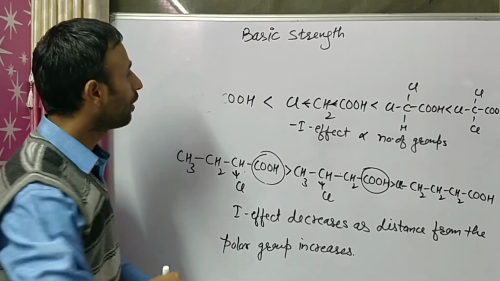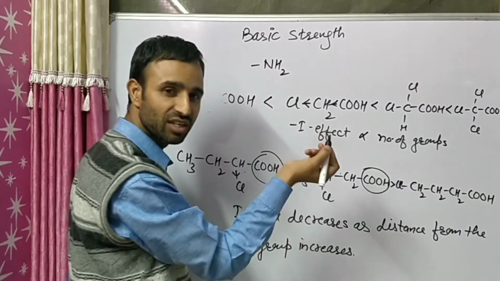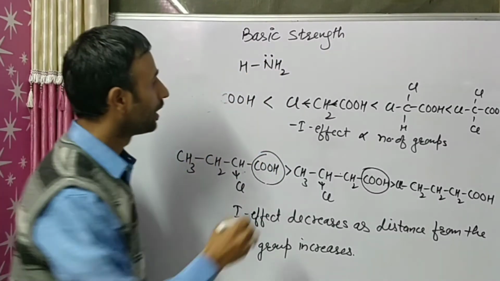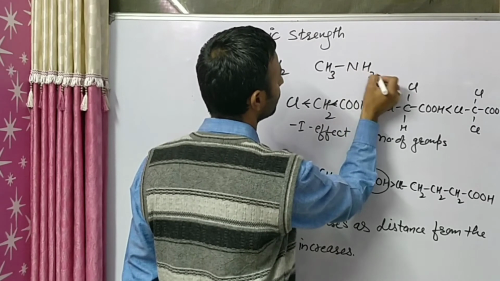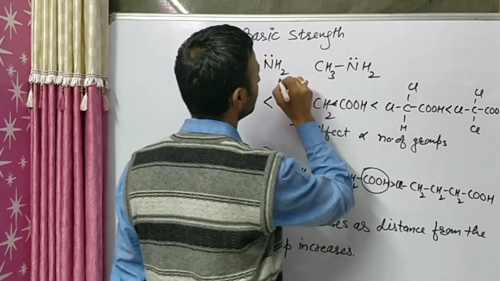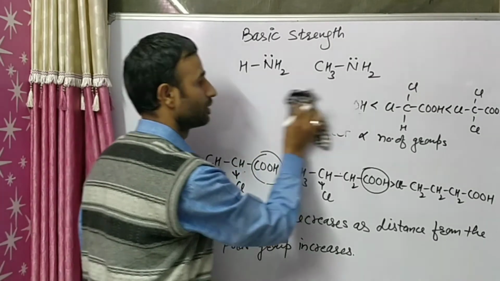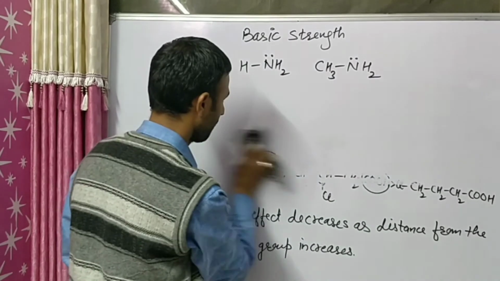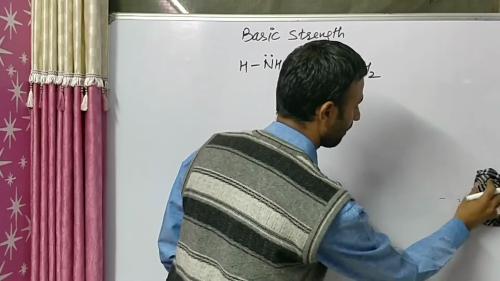Now, if we have ammonia, NH3, so I write like this. And second is methylamine. So tell me, which one is the stronger base? Methylamine. Good. Why? Because of the plus I effect of CH3.